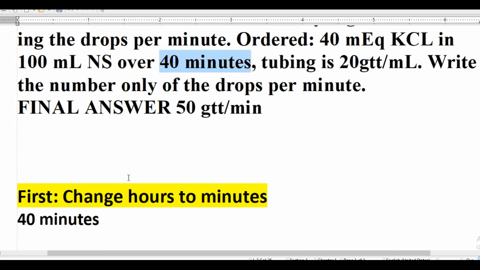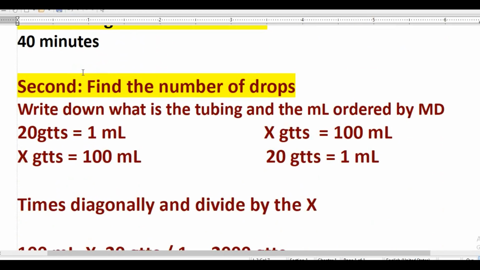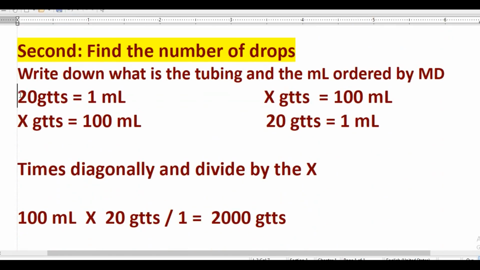Second, find the number of drops. We know that 20 drops is 1 milliliter. So 100 milliliters is how many drops? So we would write this like this. 20 drops is 1 milliliter. So X drops is 100 milliliters. That's what the doctor ordered, 100 milliliters.